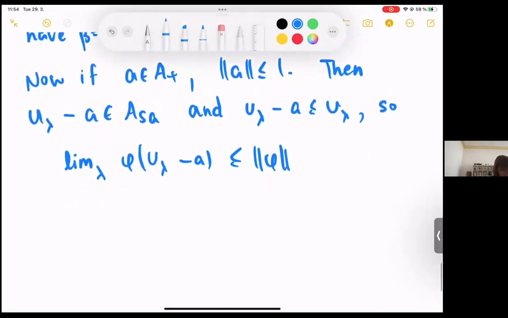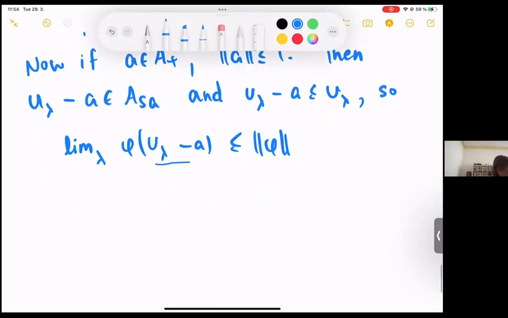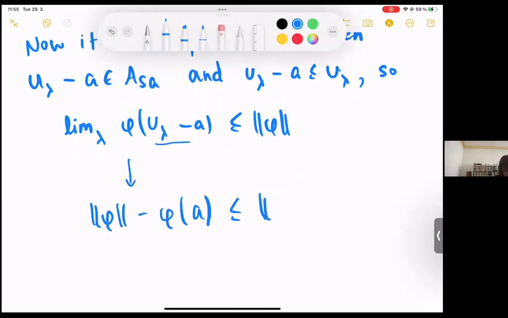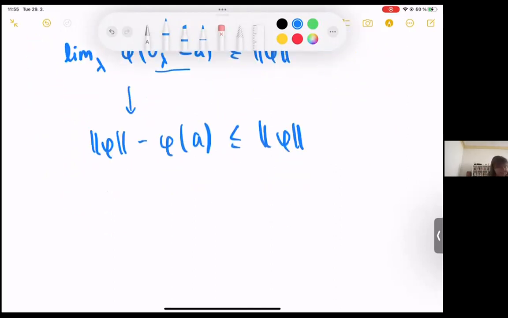This is less than the norm of phi because this element in A has norm at most 1. Okay, but now taking the limit on this side, this actually gives us that this is less than phi, which means that phi of A had to be greater than 0.